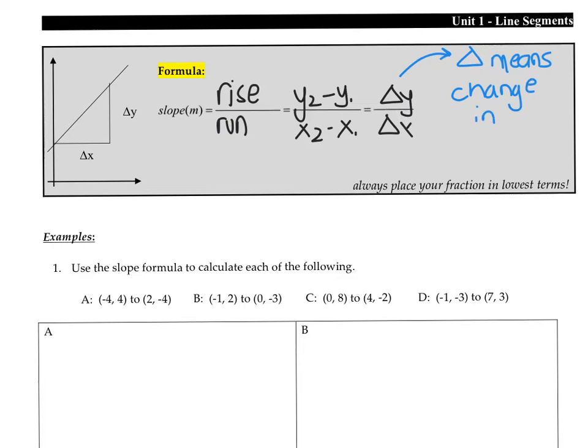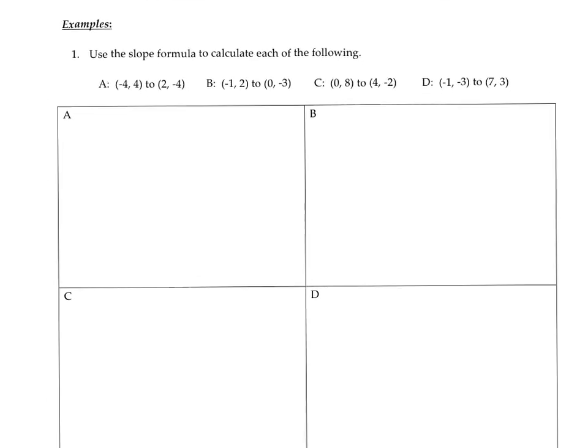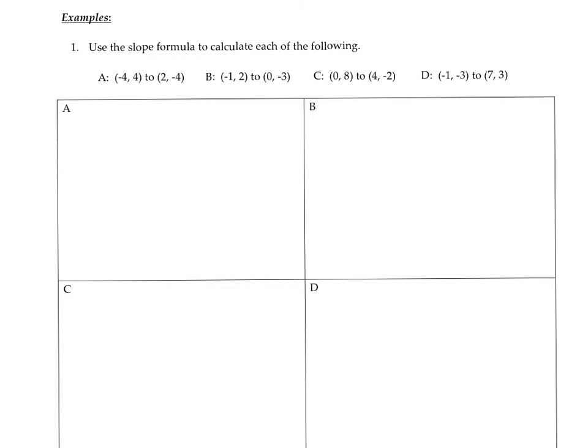Okay, so let's try to use that slope formula, y2 minus y1 over x2 minus x1, to practice calculating the slope for the following pair of coordinates. So I'm going to do the first one. I'm going to label my points as x1, y1, x2, y2.